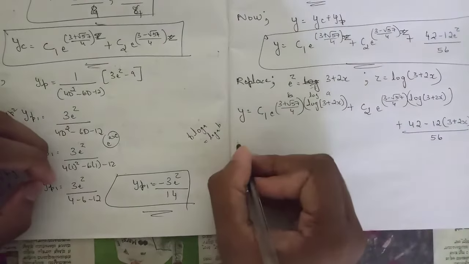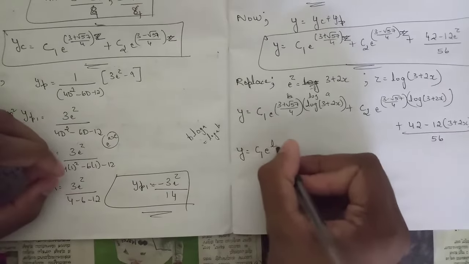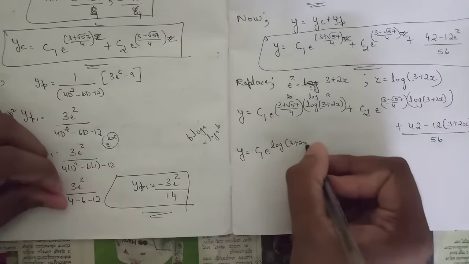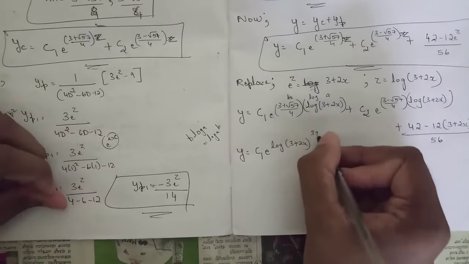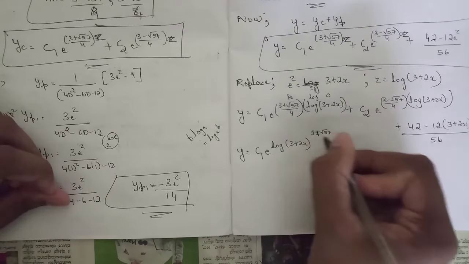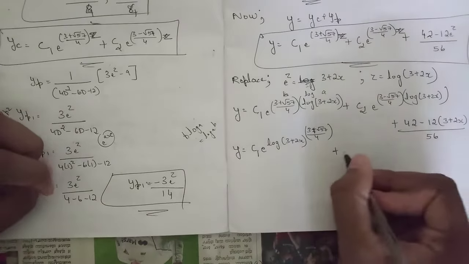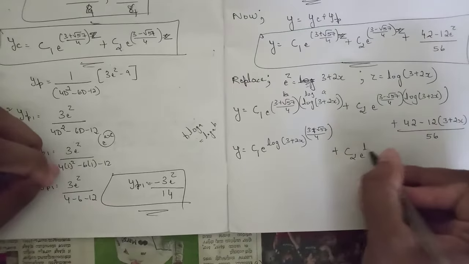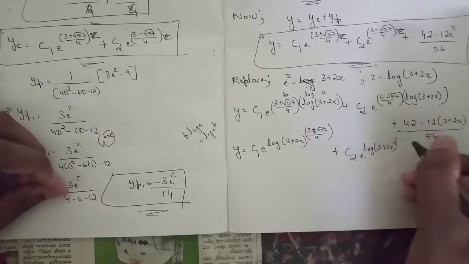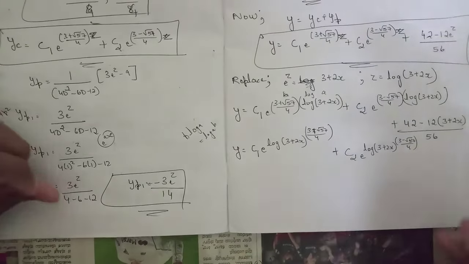So let's see what we get. c1 into e to the power log of, where a is 3 plus 2x, to the power of 3 plus root 57 by 4, plus c2 e to the power log of 3 plus 2x to the power 3 minus root 57 by 4.